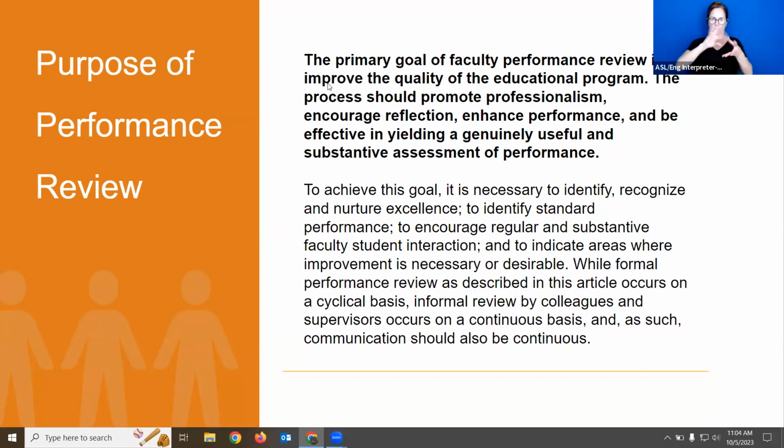To achieve this goal, it's necessary to identify, recognize, and nurture excellence, to identify standard performance, to encourage regular and substantive faculty-student interaction, and to indicate areas where improvement is necessary or desirable.